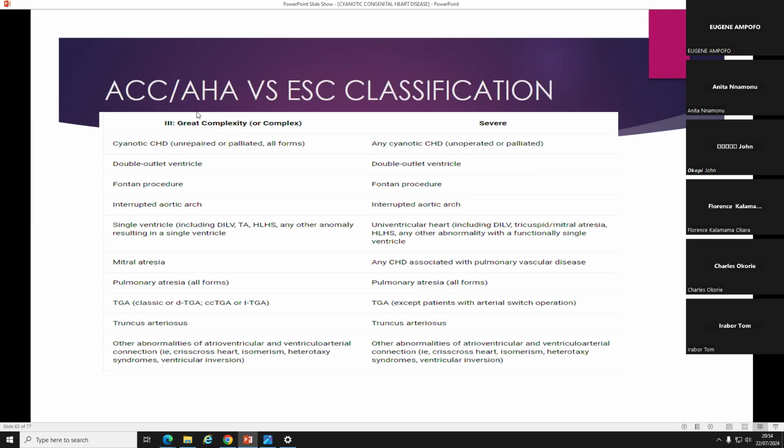So on the left, you have the ACC-AHA classification of complex diseases. And then on the right, you have the ESC classification. So basically, the ESC uses mild, moderate, and severe. So for severe, any cyanotic congenital heart disease, unoperated or palliated, falls under severe congenital heart disease. So just wanted to highlight that. Anyone that has undergone a Fontan procedure falls under severe or complex congenital heart disease.